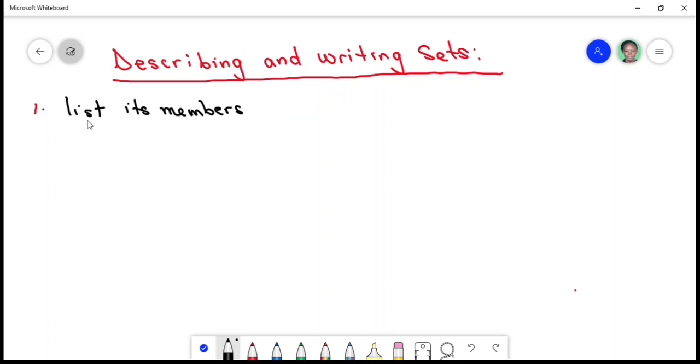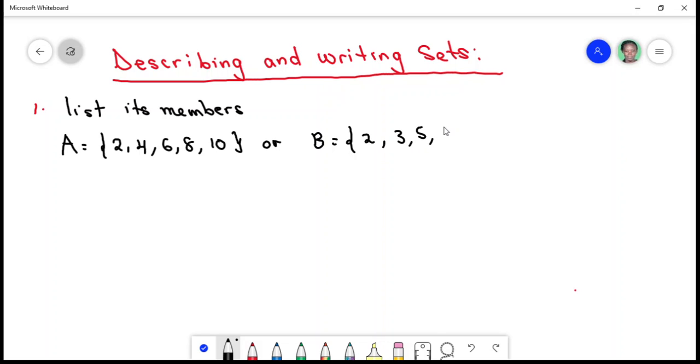Example. So if I have a set, let's say A, I could list the members there. So let's say I have 2, 4, 6, 8, 10, or I could have, let's say, B to be 2, 3, 5, 7, 11, dot, dot, dot.